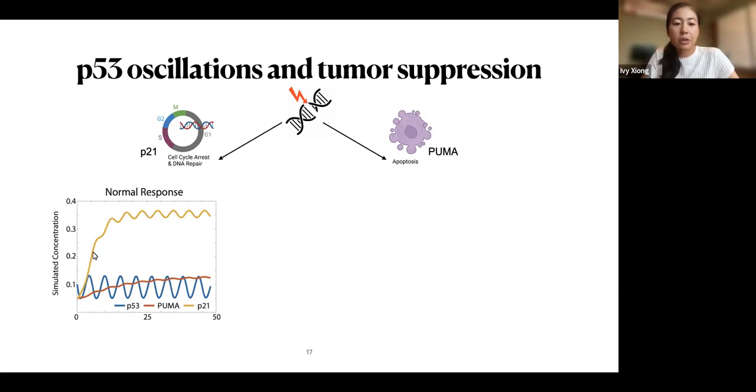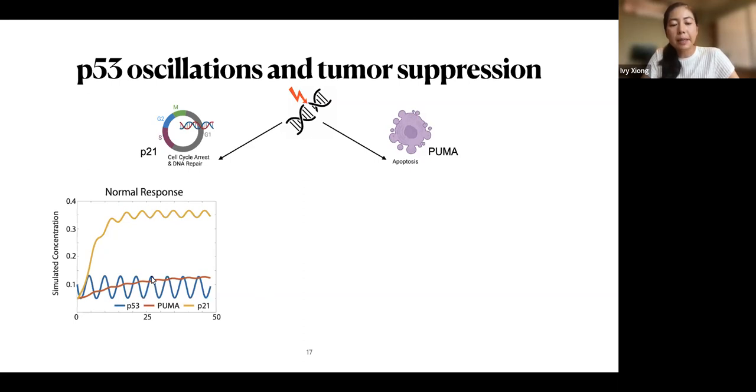These 2 target genes of P53 have been characterized through biophysical studies, so I just took the parameter values and simulated the expression profile. For example, in normal response, we have oscillatory P53 dynamics and P53 induces P21 really efficiently. However, PUMA seems to have a pulsing counter behavior that accumulates much slower over time.